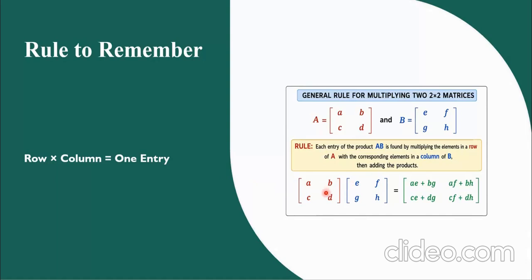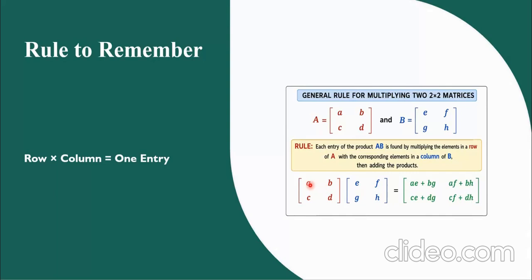So if we are going to multiply this matrix by this, then a row times a column will give us a single entry like this. Row by this column will give us this entry. Row by this column will give us this entry. Then row by this column will give us the last entry.